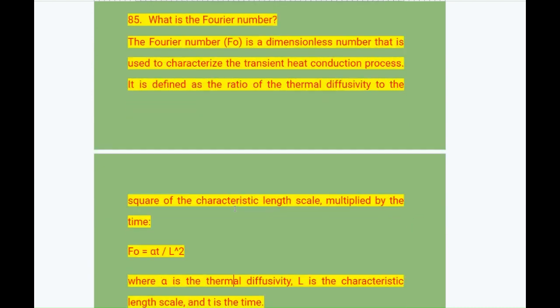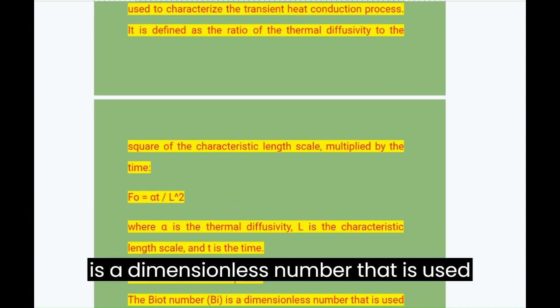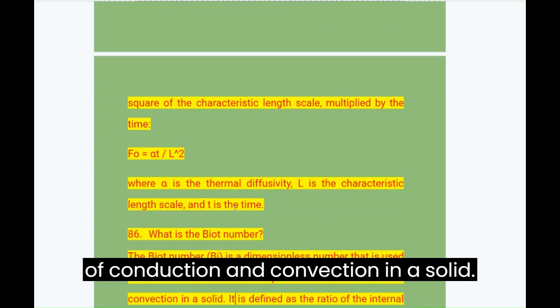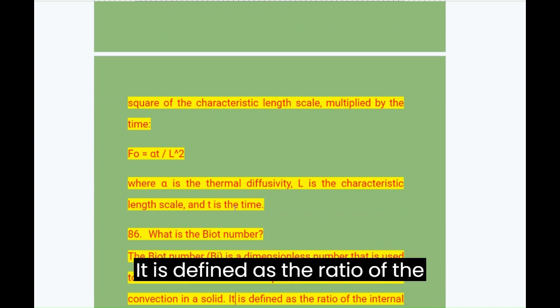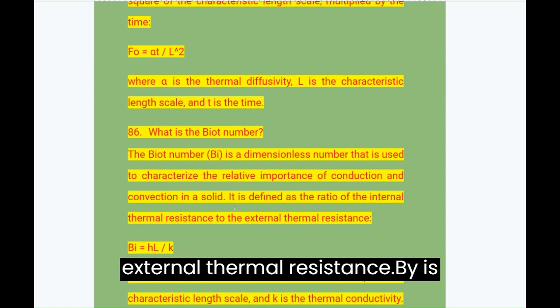What is the Biot number? The Biot number, Bi, is a dimensionless number that is used to characterize the relative importance of conduction and convection in a solid. It is defined as the ratio of the internal thermal resistance to the external thermal resistance.